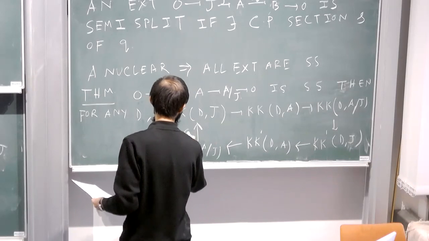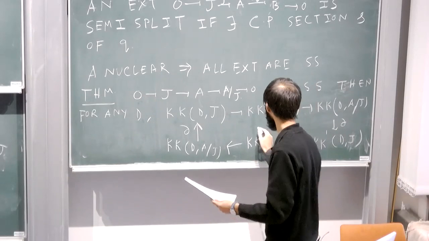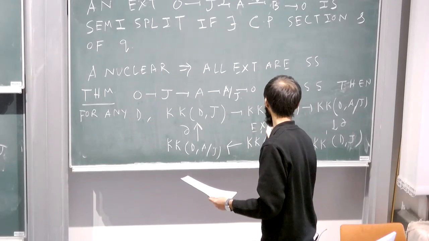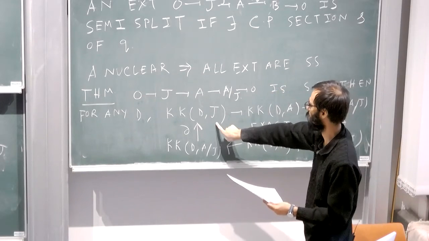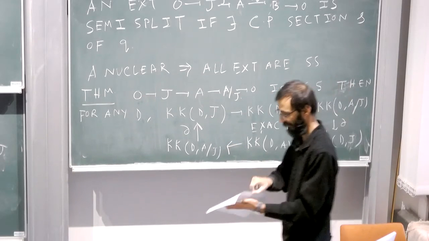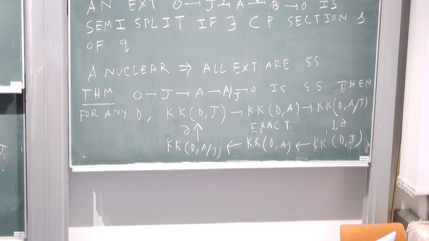So these are the connecting maps. And this is exact. And there is this other one for this variable too, and that goes in the opposite direction. I'm not writing it. So yes, I think that's all.